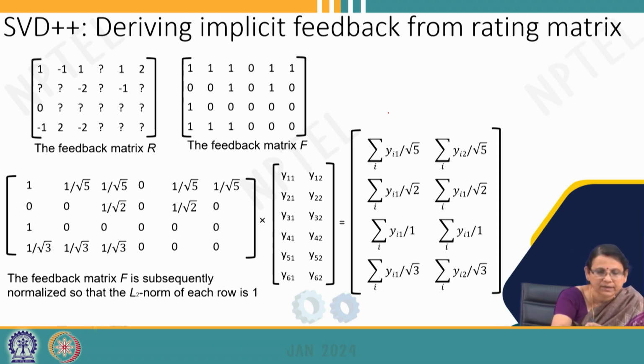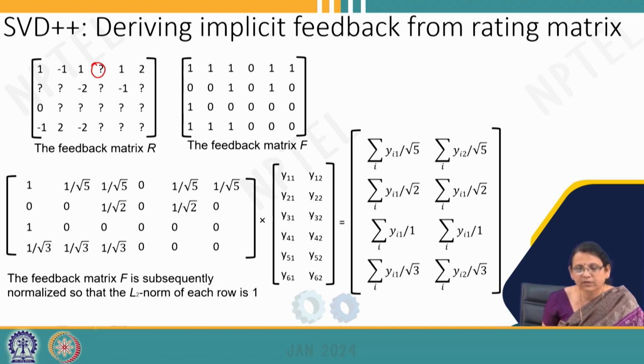Suppose this is our rating matrix. Wherever there is a question mark, those places are blank, rating is not available. Now, we can construct an implicit feedback matrix from this.